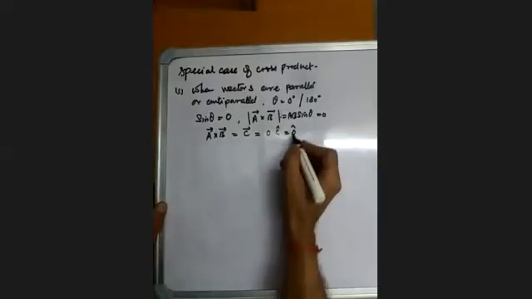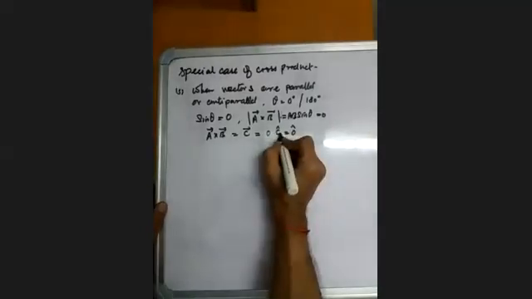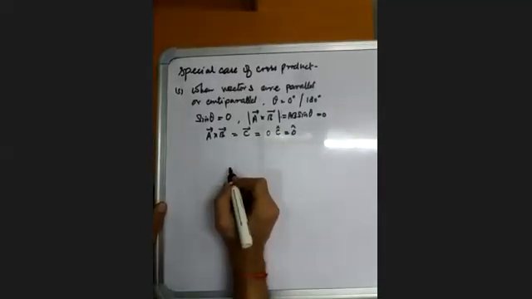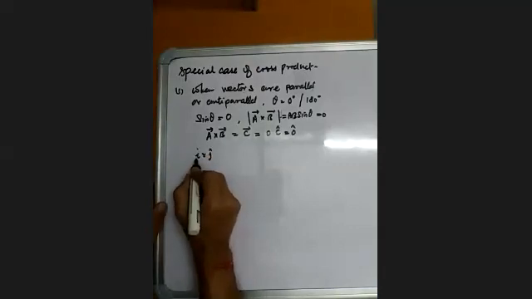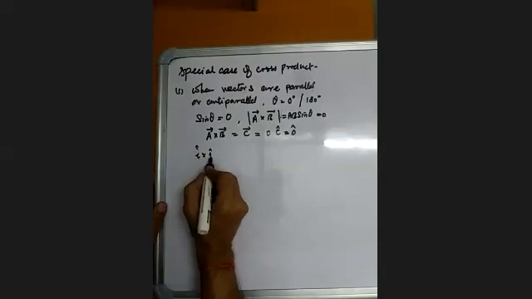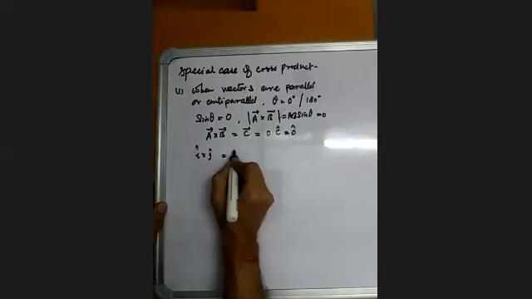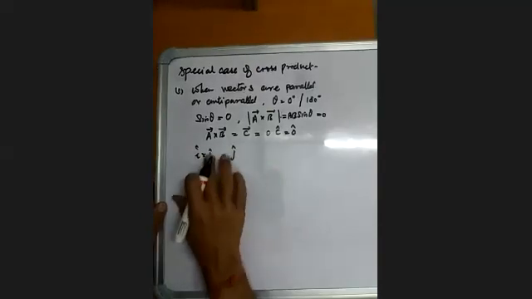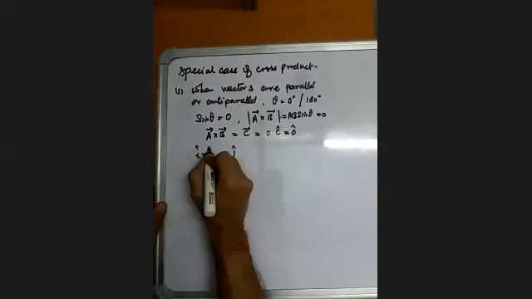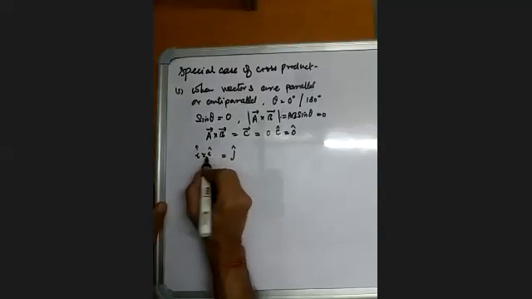Therefore, i cross j, that is unit vector along x-axis cross unit vector along y-axis, is equal to k. Now, i cross i is the unit vector along x-axis with unit vector along x-axis, which means the angle between the two is 0.